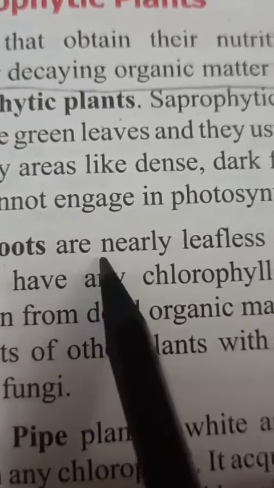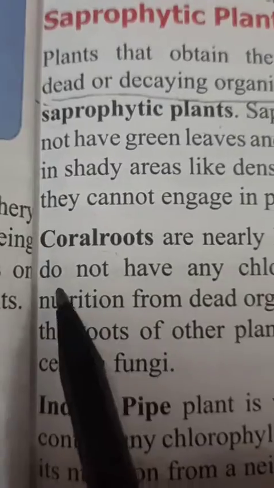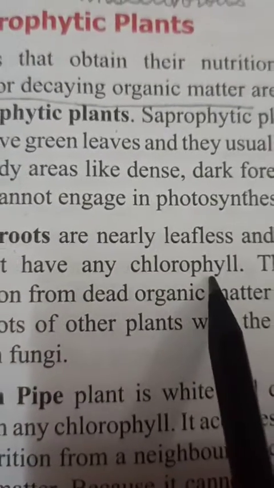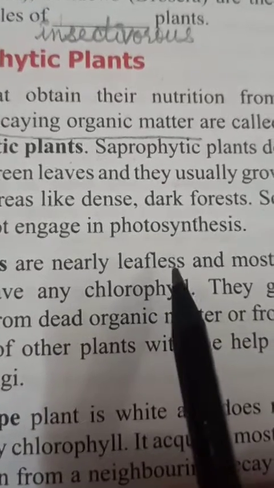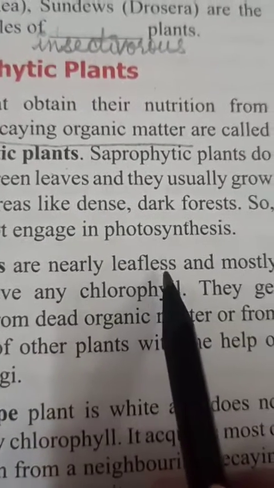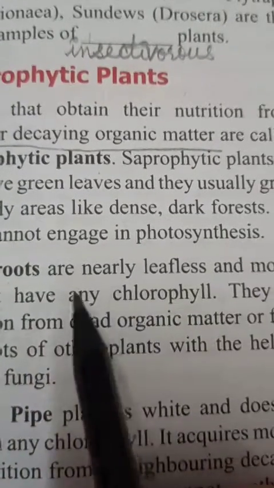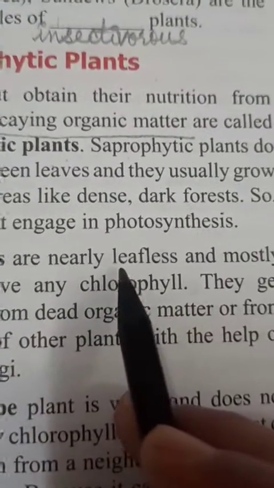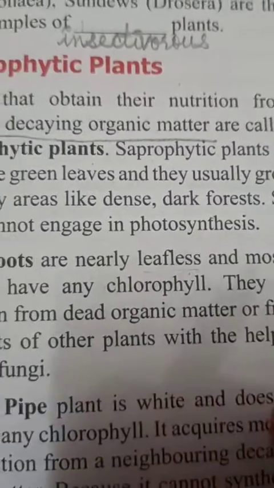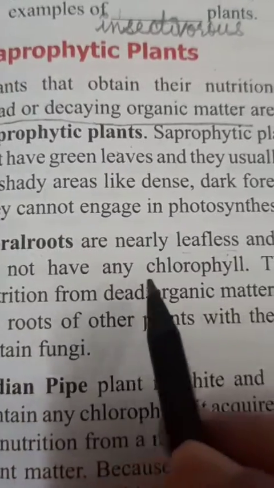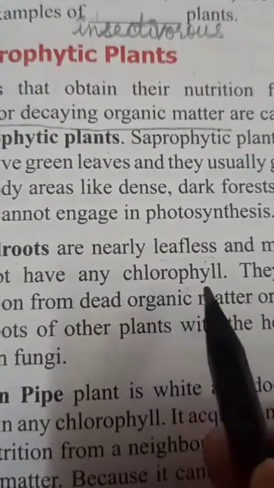You can see coral roots are nearly leafless and mostly do not have any chlorophyll. So you know children, always leaves help the plant to prepare food, but in coral roots there is no presence of leaf, means they are leafless and they do not have any kind of chlorophyll, so they can't prepare their food.